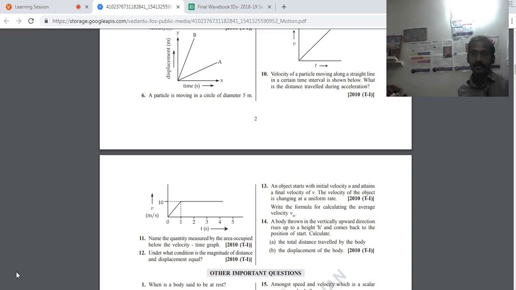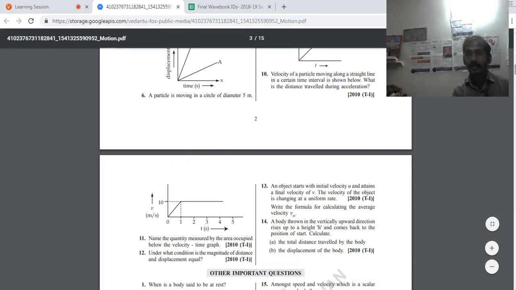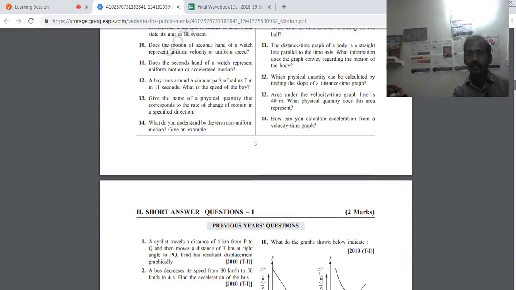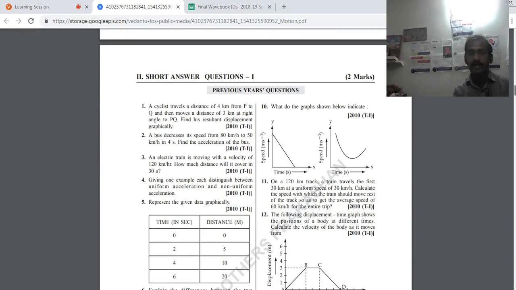You can observe similar 2 marks questions. Previous year questions.